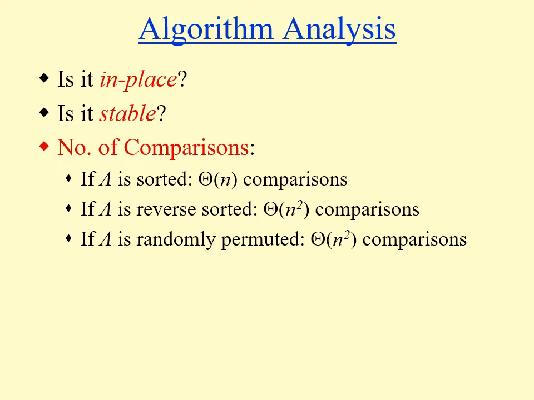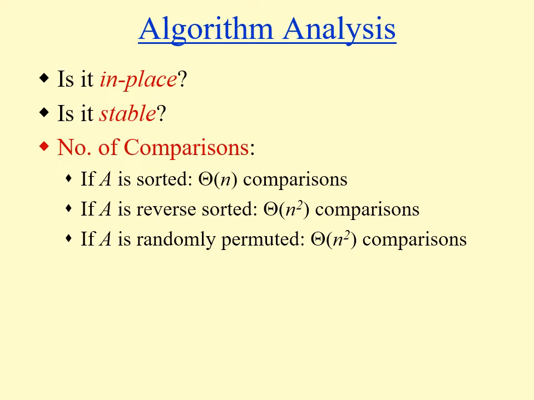Based on the algorithm, you can find we only need storage for A and then i, j, key, and so on. So that means it is in place. The second question: is it stable?